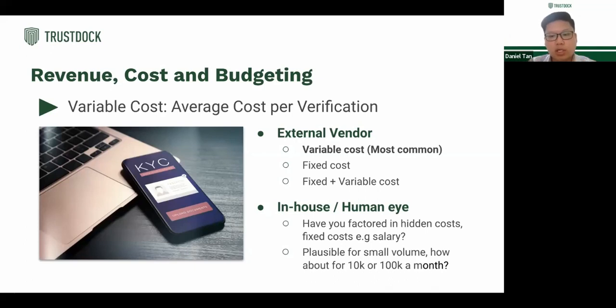However, the next question is, what if you have a growing volume? An in-house solution is definitely plausible for a small volume, but what if you're having 10,000 or even 100,000 verifications required per month?